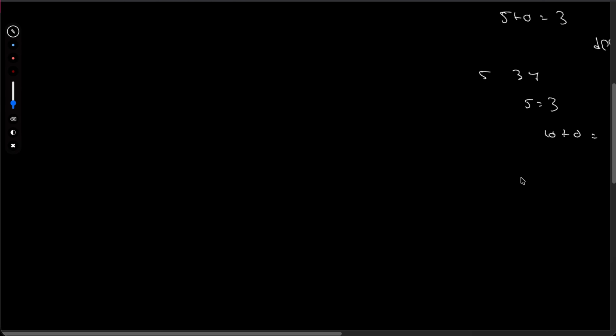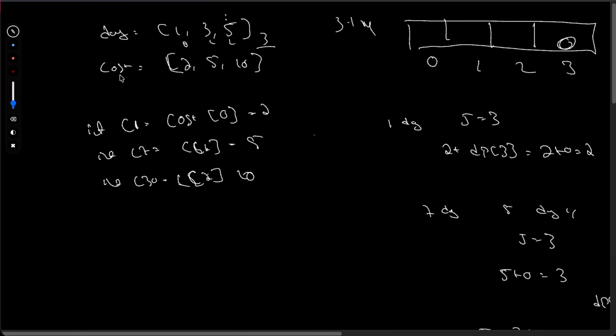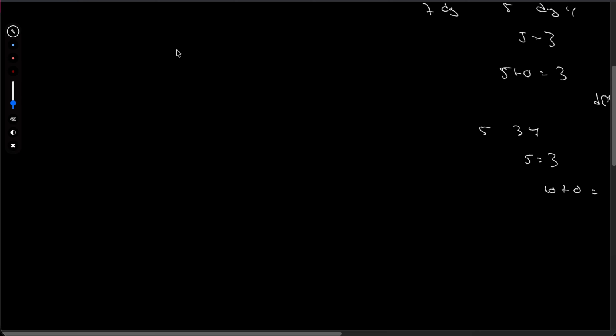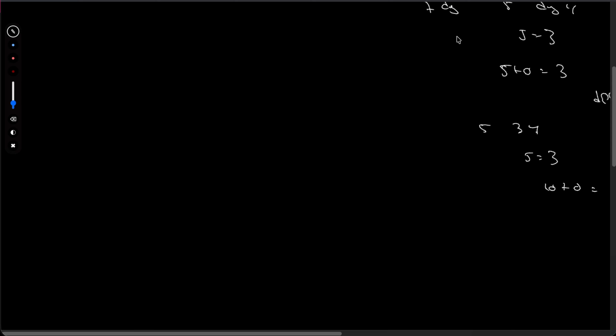Now i is equal to 1, day is 3. Option 1, the 1 day pass covers day 3 only, so the next uncovered day is 5, index 2, and the total is 2 plus dp of 2, which is 2 plus 2, so 4.